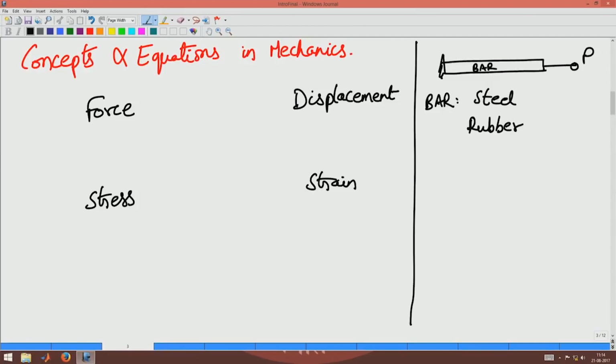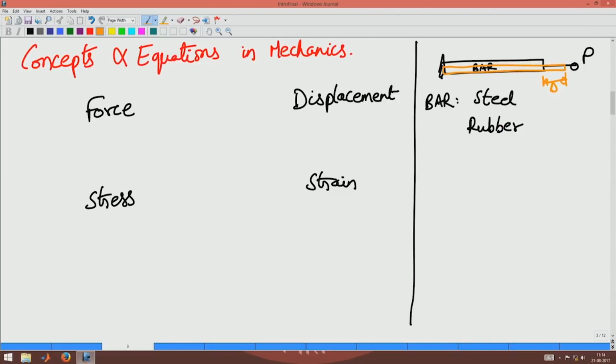For the same force P, let us assume that this bar deforms into another bar of this shape. So, it has elongated by an amount delta. Now, is the relationship between the force and the displacement delta the same for steel and rubber? No, right. Steel will deform much less compared to a rubber bar.